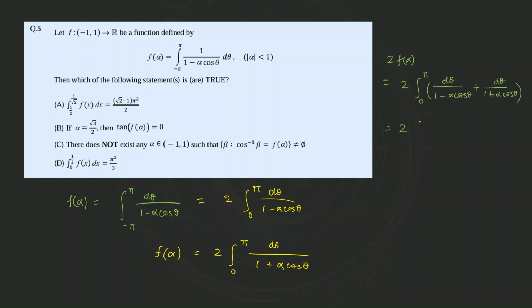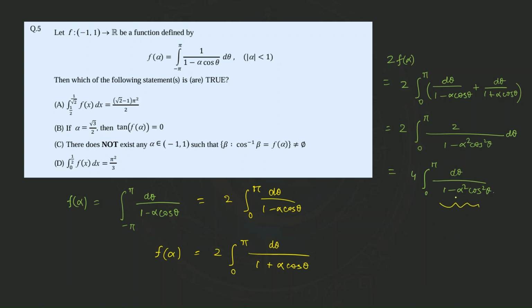So if we simplify this, we get integral 0 to pi, then 1 minus alpha square cos square theta d theta, then in the numerator we get 2, right? So 4 times integral 0 to pi, then d theta divided by 1 minus alpha square cos square theta. Now how to calculate this integral? This is a very standard integral.